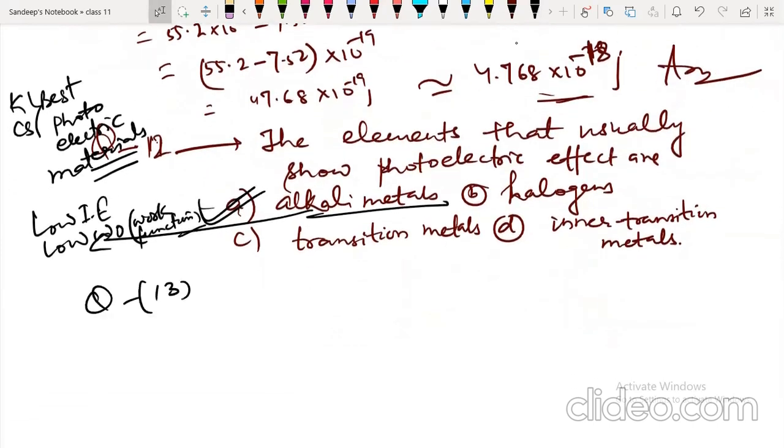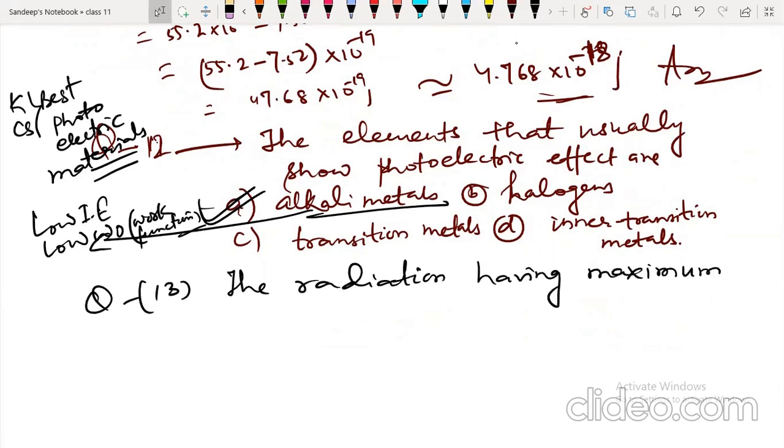Question number 13. A similar question has been asked in MSET.